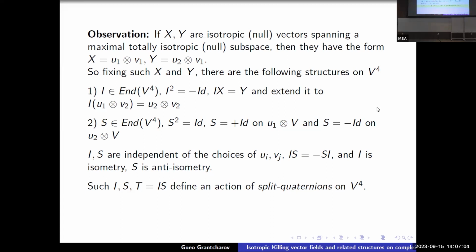Formally here it means that we need to fix one of the vectors, and then the representation actually comes out of using appropriate identifications.